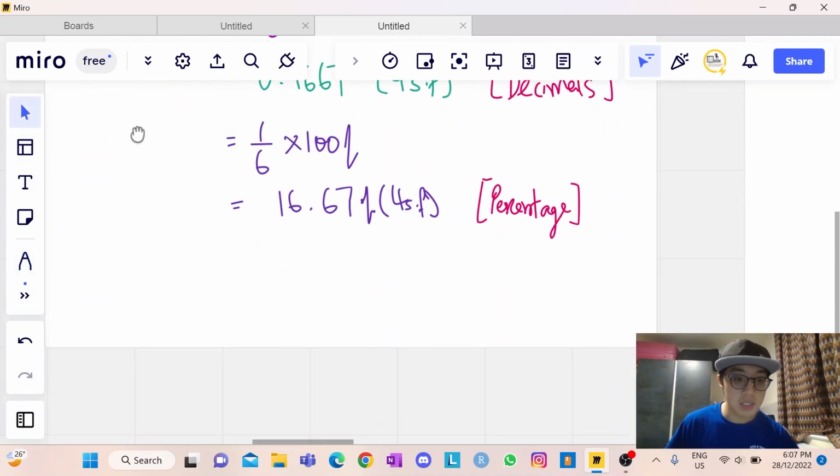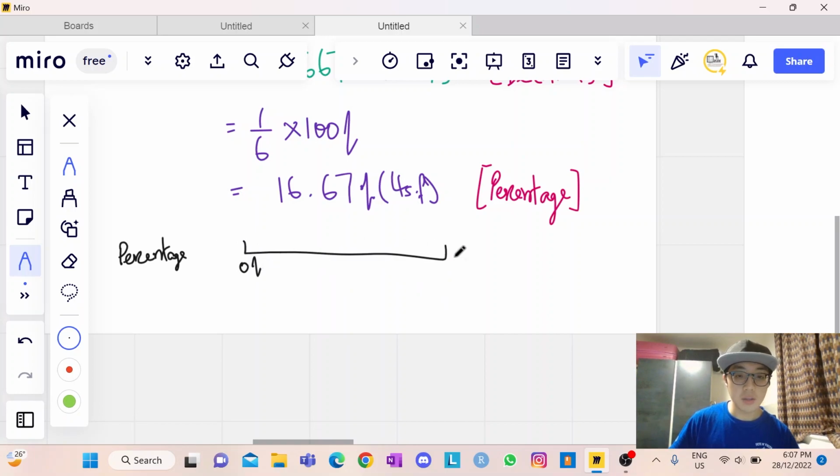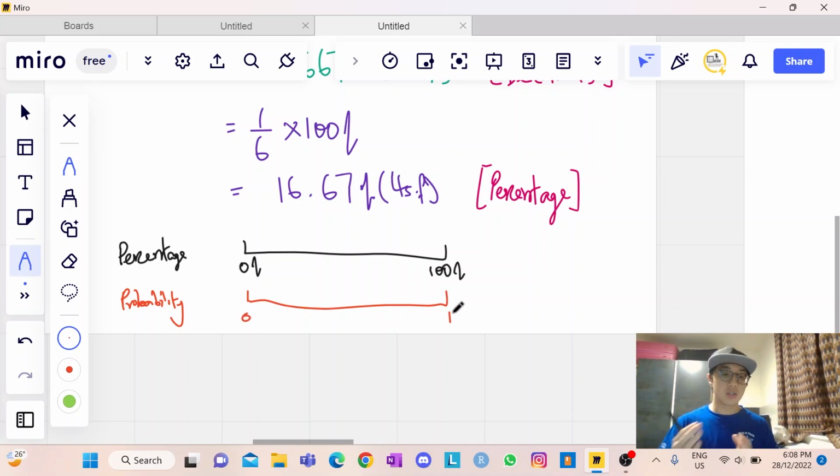So if there's a space down here, yes, I'm gonna draw the difference between percentage. All right, you can go from 0% to 100%, whereas in probability, you will go from 0 all the way to 1, where 1 is certainly gonna happen and 0 is impossible to happen.